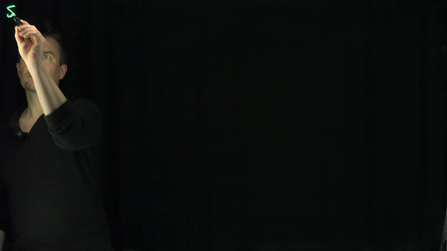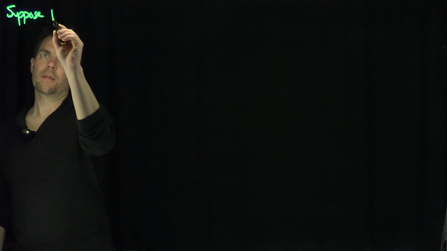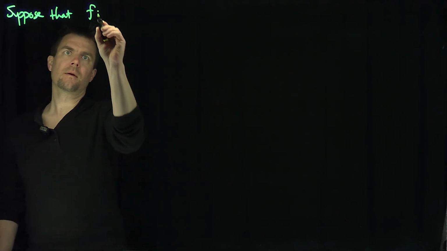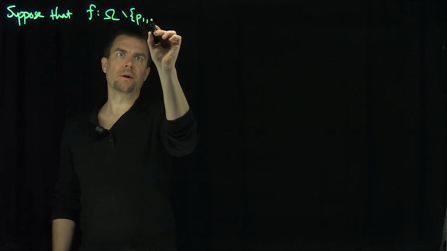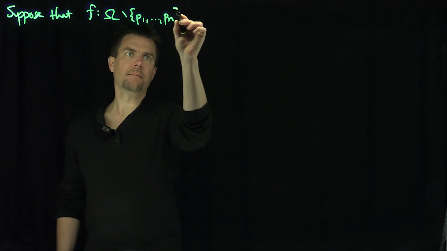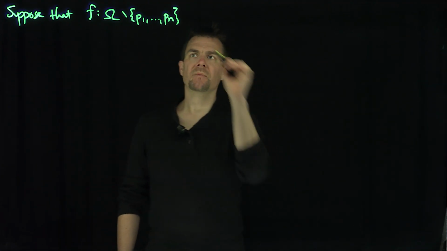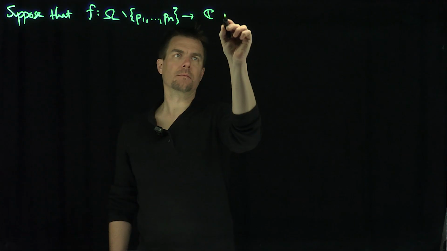Let's suppose that f, which maps a region omega minus some poles p1 through pn, is a meromorphic function.